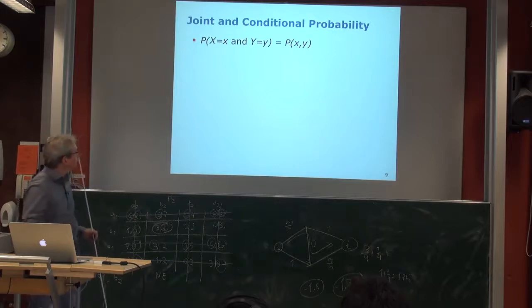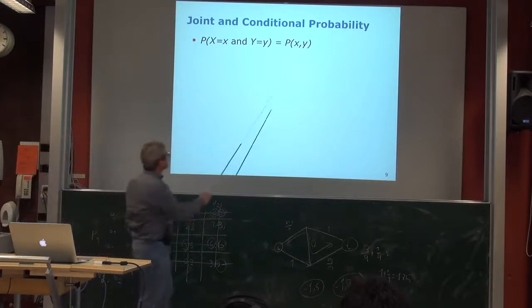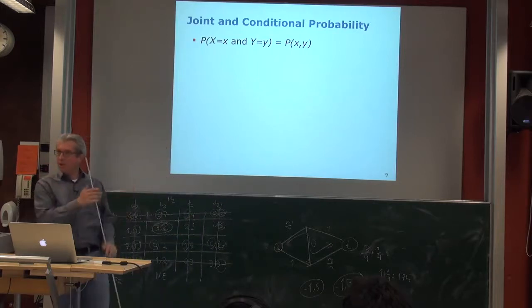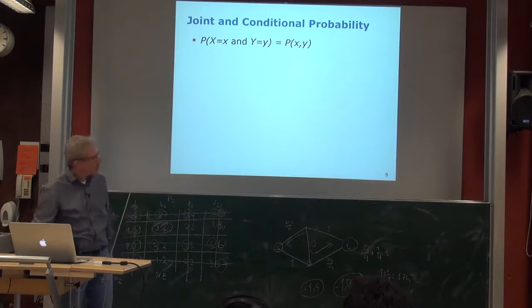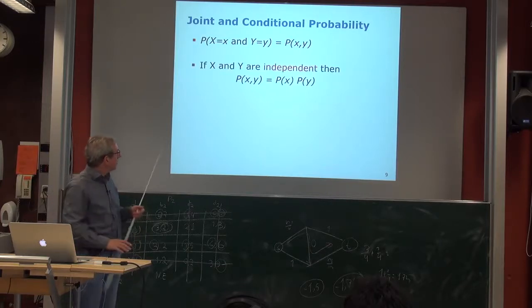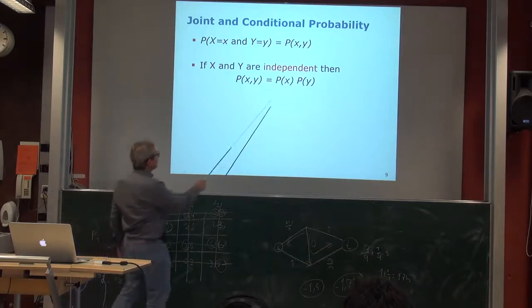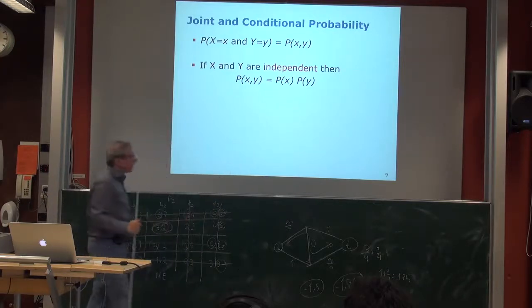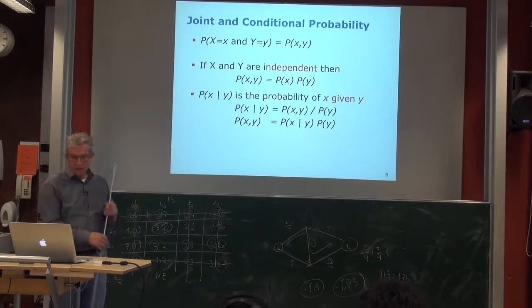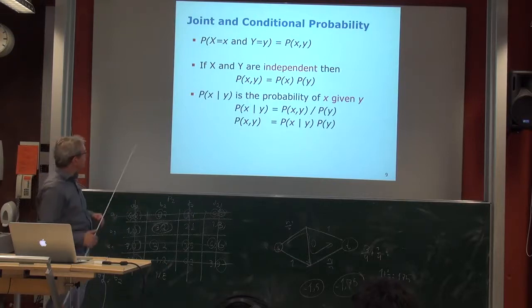In the case that x doesn't tell us anything about y, meaning that those two disks that we have seen before are basically disjoint, then this turns out to be exactly the probability of x times the probability of y. So then they are basically independent.